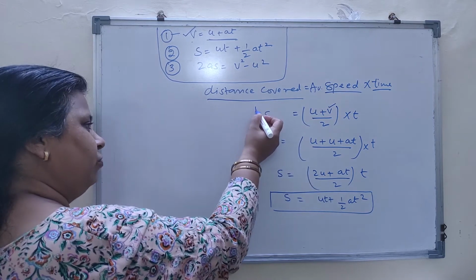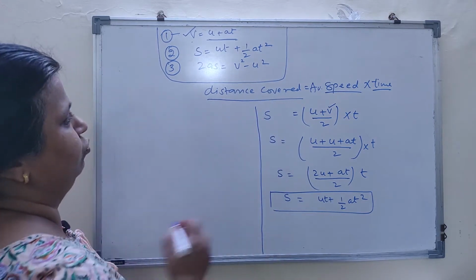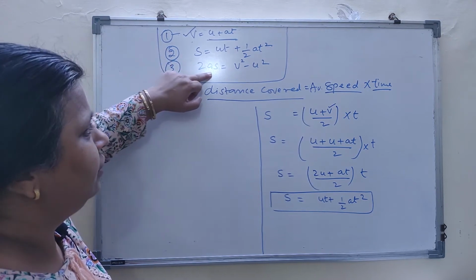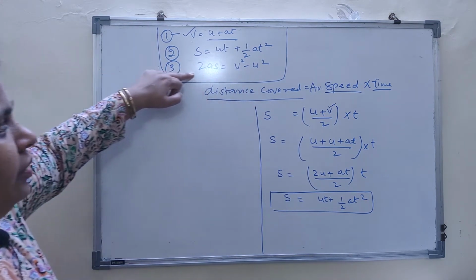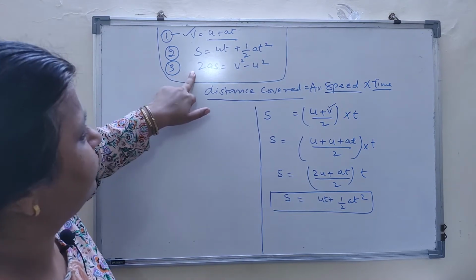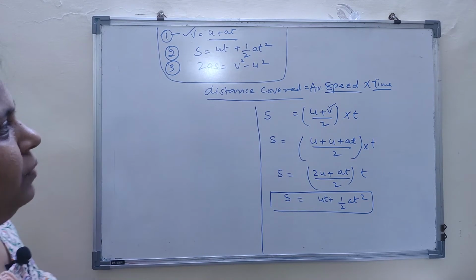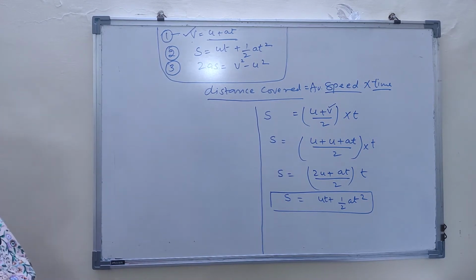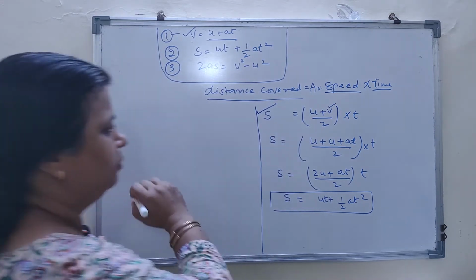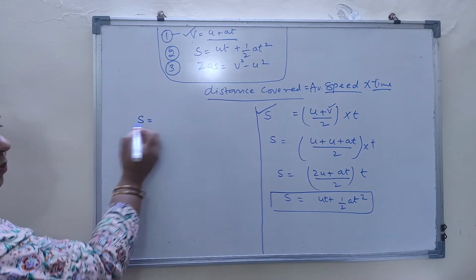The same way we'll be calculating the third equation of motion. Now see, in the third equation of motion there is no time, so we should replace time. Okay. So again we'll start with the same. Distance covered is average speed into time.